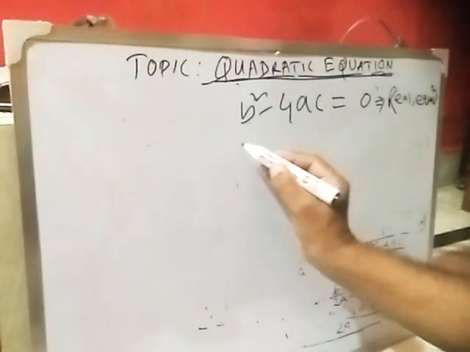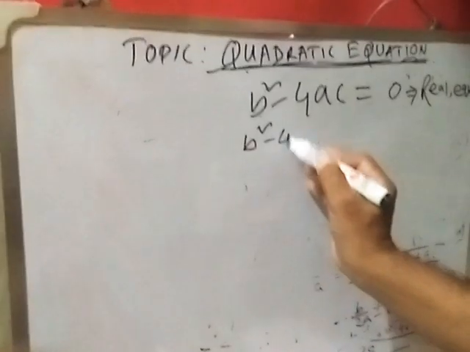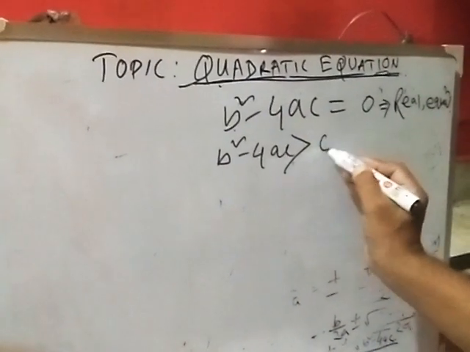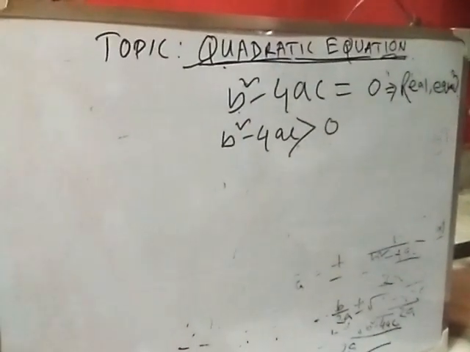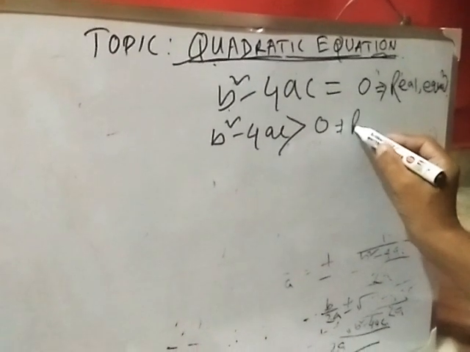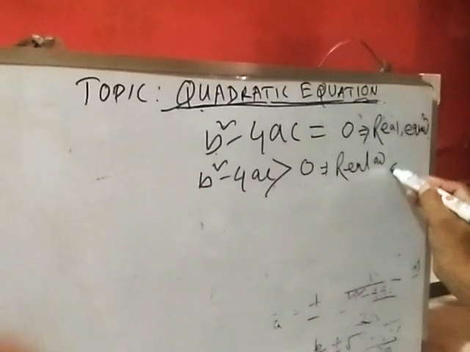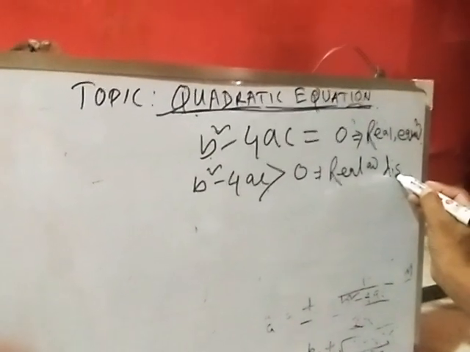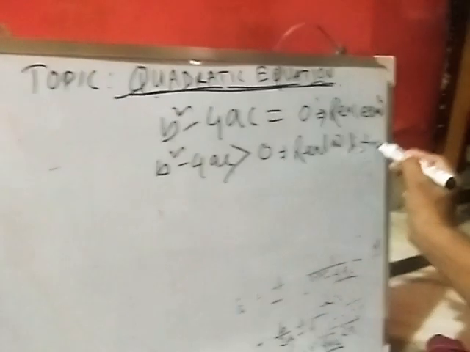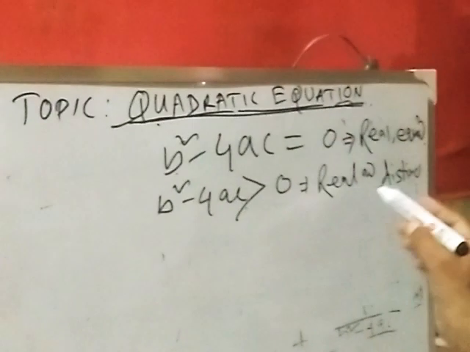Clear? Fine. Now if b square minus 4ac greater than 0, then roots are real and distinct, D-I-S-T-I-N-C-T. Everybody got it?